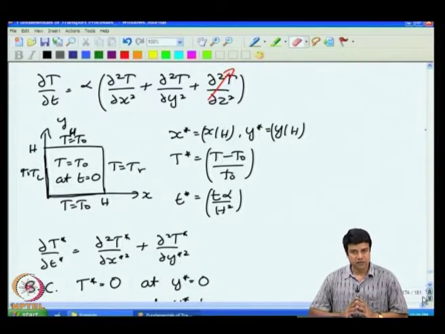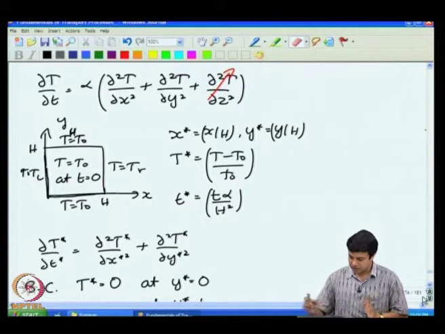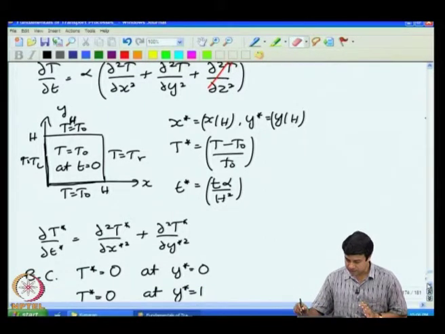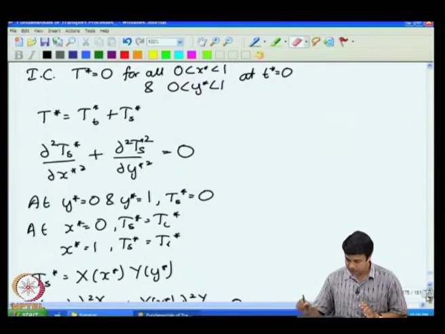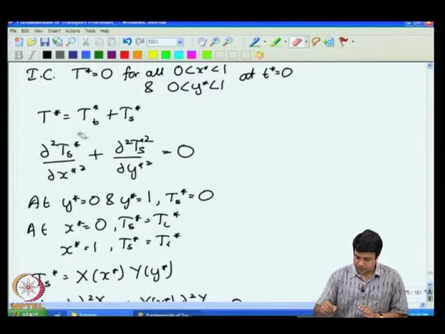First, one has to solve the steady state problem, the steady solution in the limit as t going to infinity, and for that the steady state problem is obtained from the differential equation for the steady state.